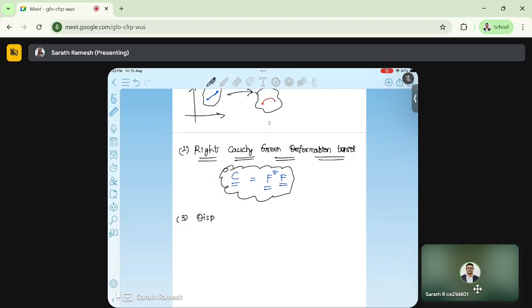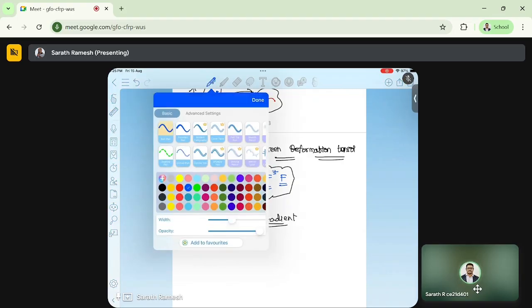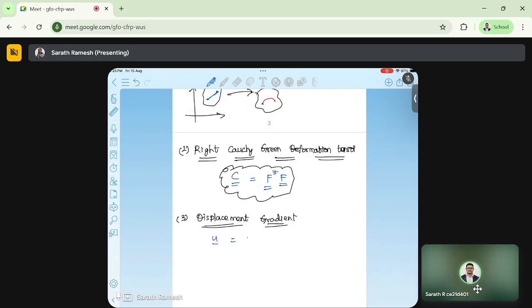Displacement gradient. Gradient of the displacement field. We all know displacement field U is given by small x minus capital X, right?